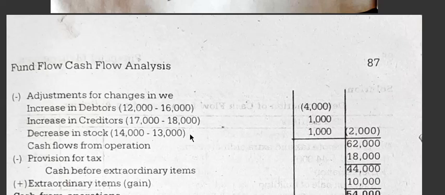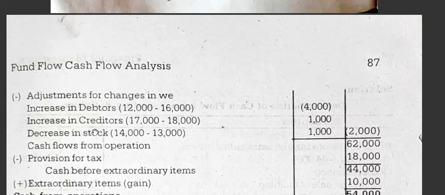If they decrease, working capital increases. If they increase, working capital decreases. Now debtors is a current asset and it has increased, so working capital will increase. It means more expenses, so cash goes out. Outflow means write in brackets.